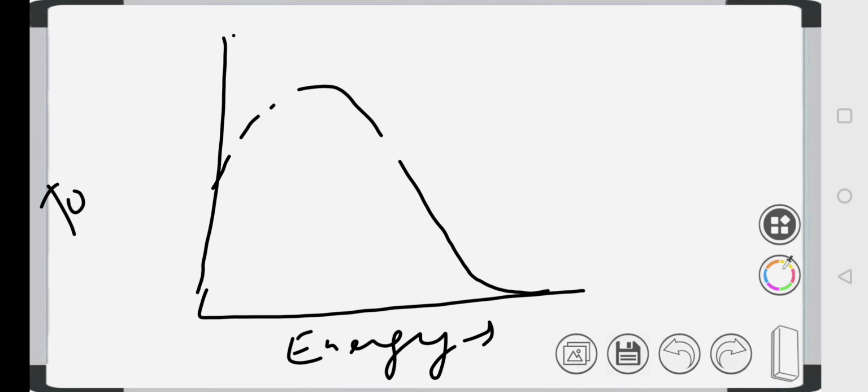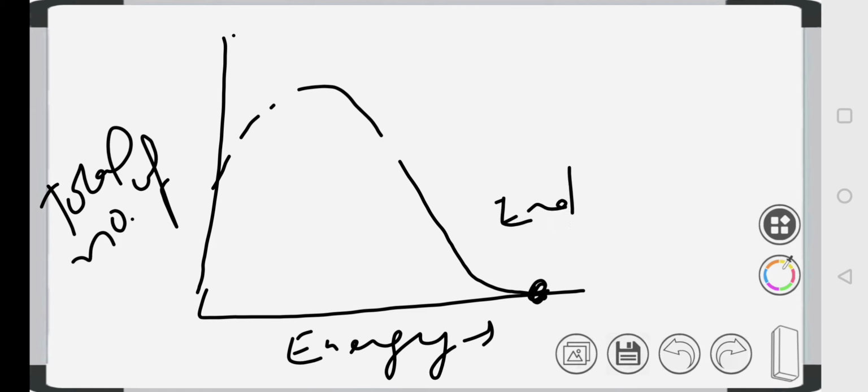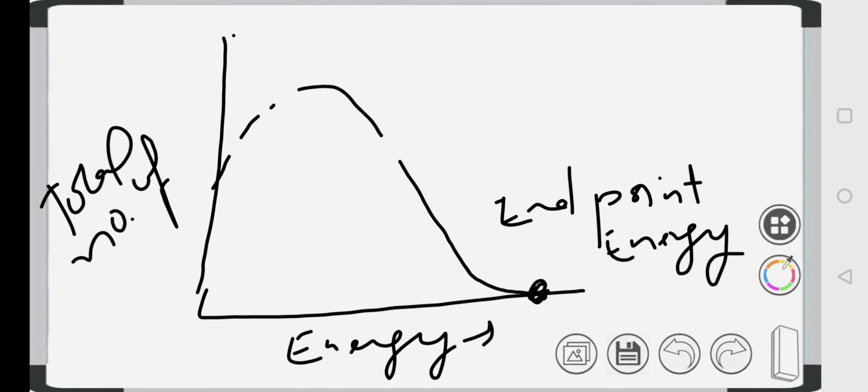Here is total number of particles. Here is end point energy. Endpoint energy is the maximum energy of the electron.